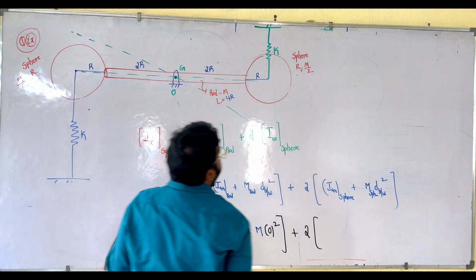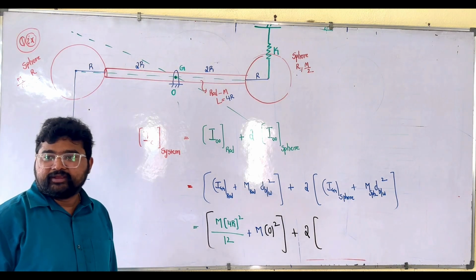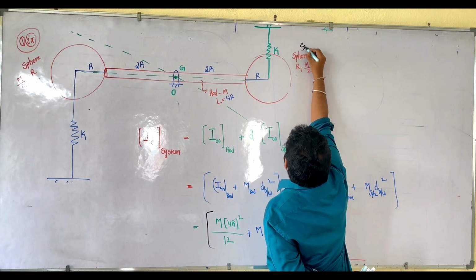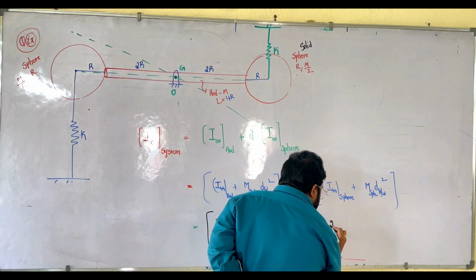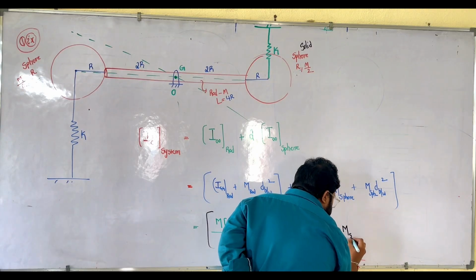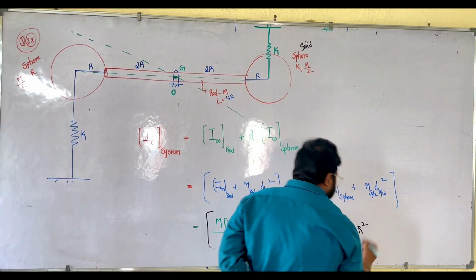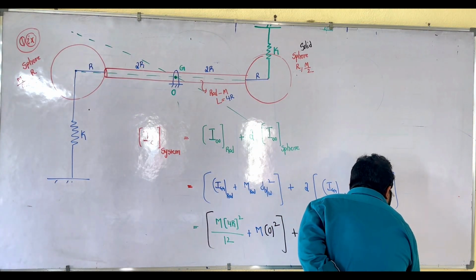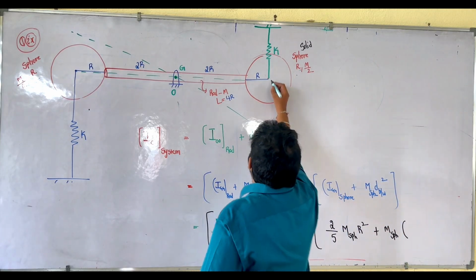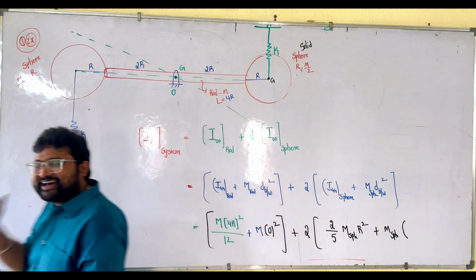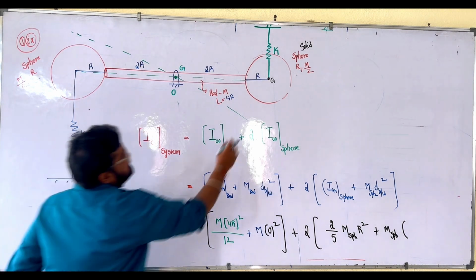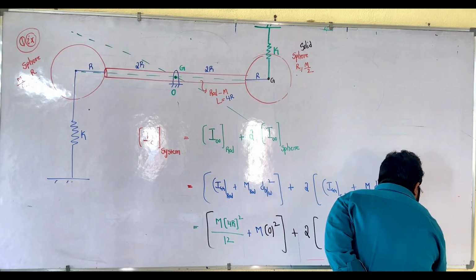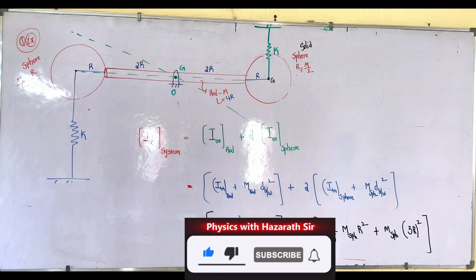Plus 2 times the mass moment of inertia of the sphere. Tell me. It is 2/5 mr squared, since we are taking a solid sphere: 2/5 mass of the sphere into r squared. Plus the mass of the sphere into the distance between squared. The 0 comes from here; this is G, and the distance from here to O is 3r, so 3r squared. Clear?